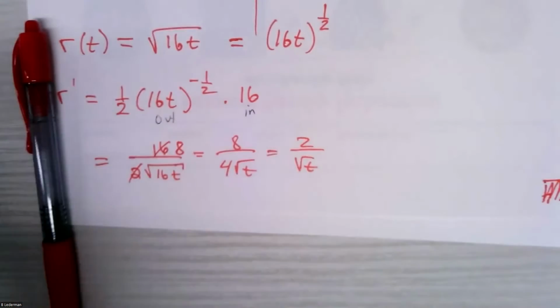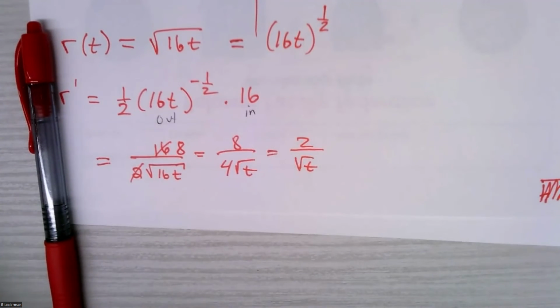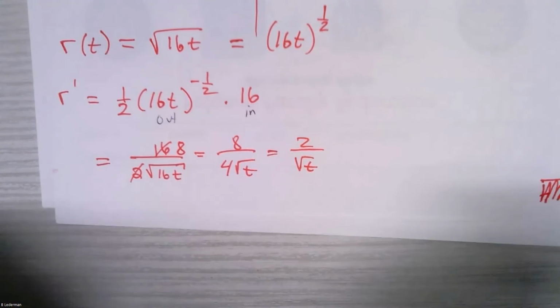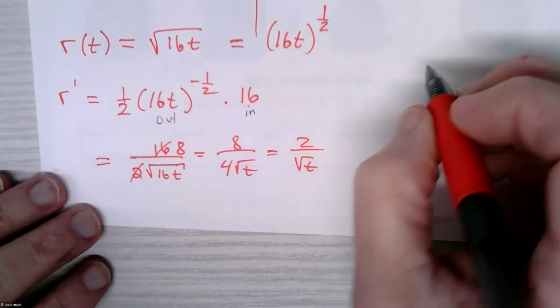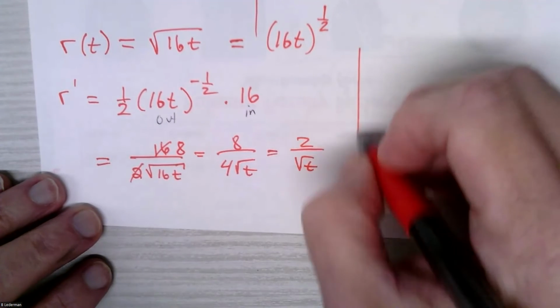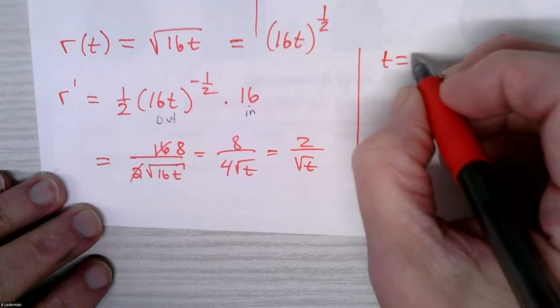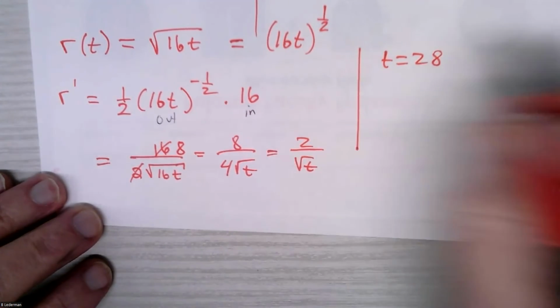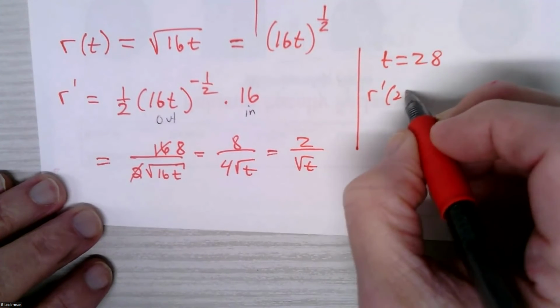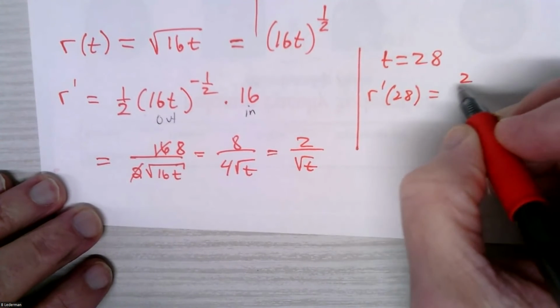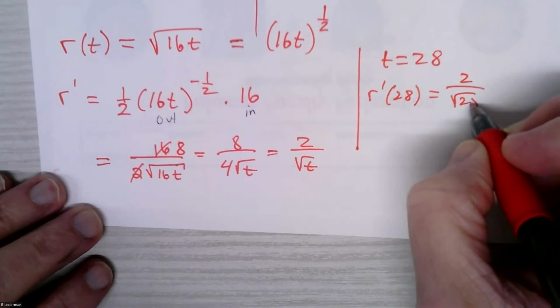And now what did we want to know? We wanted to know the rate at 28 minutes. So the question now is, what is the rate when t equals 28? So R prime of 28 equals 2 over the square root of 28.